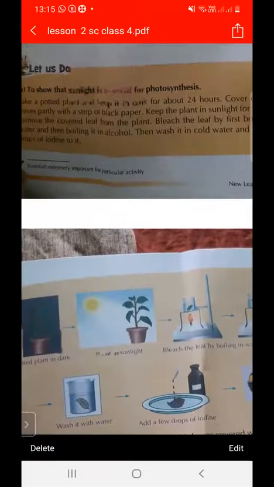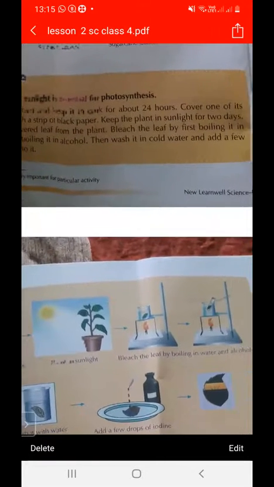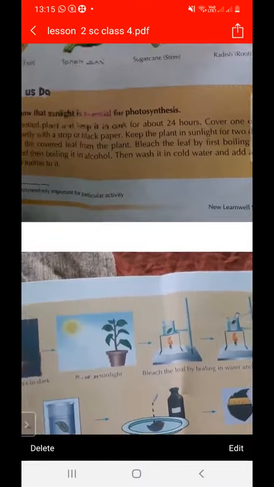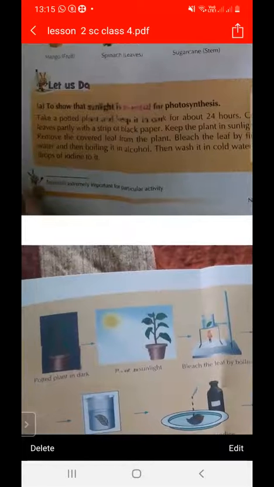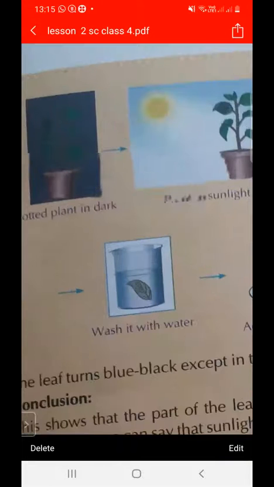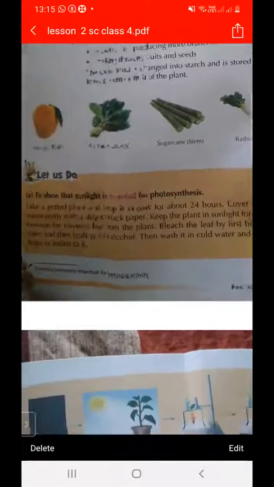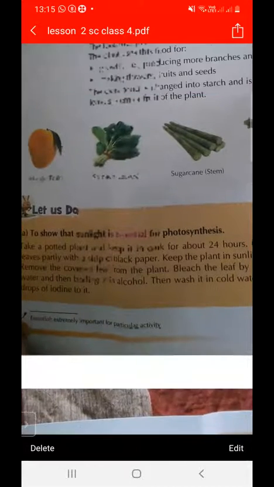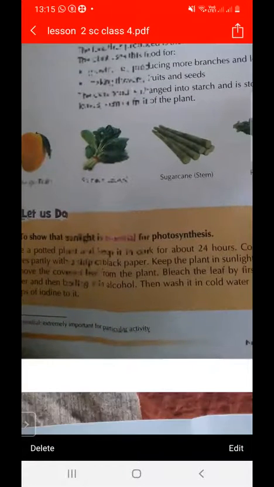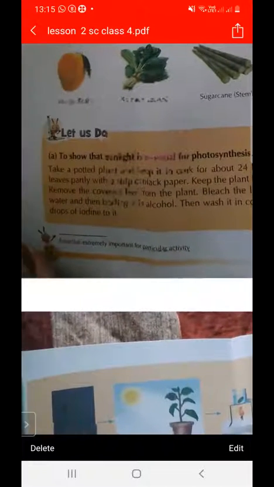Next, remove the covered leaf from the plant. The next step is to bleach the leaf by first boiling it in water and then boiling it in alcohol. Then wash it in cold water and put some drops of iodine on it.